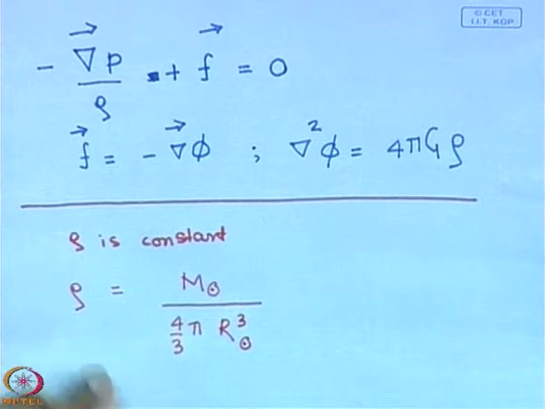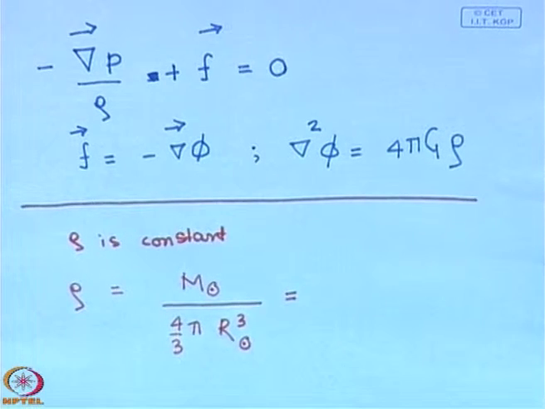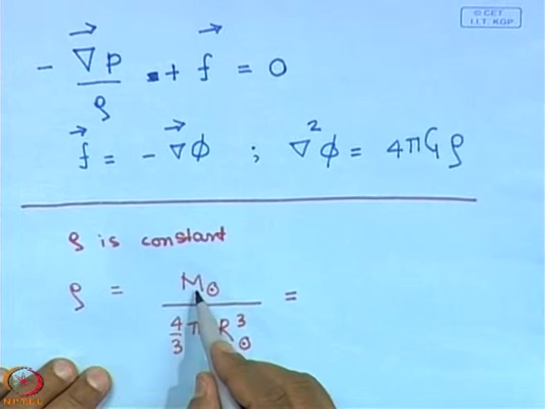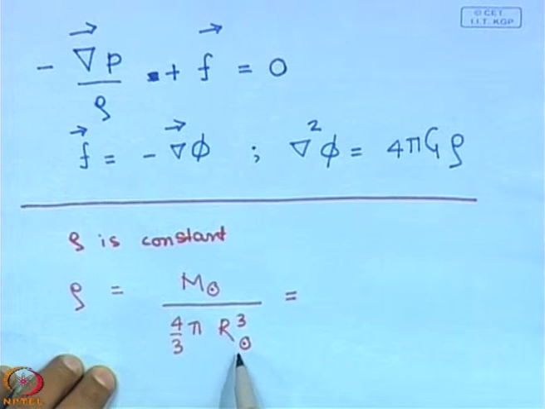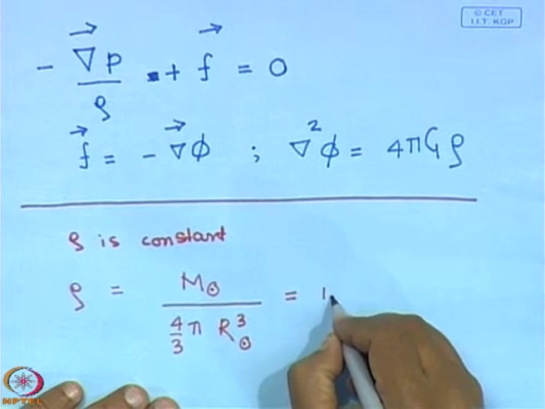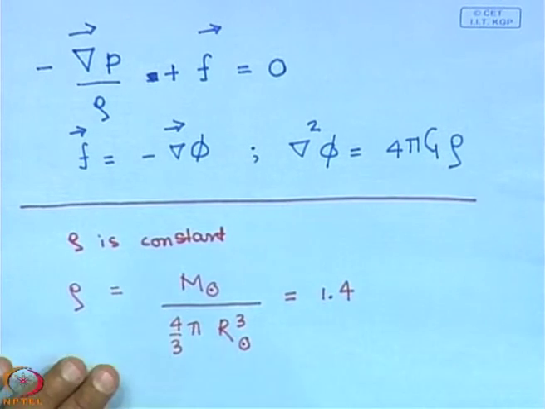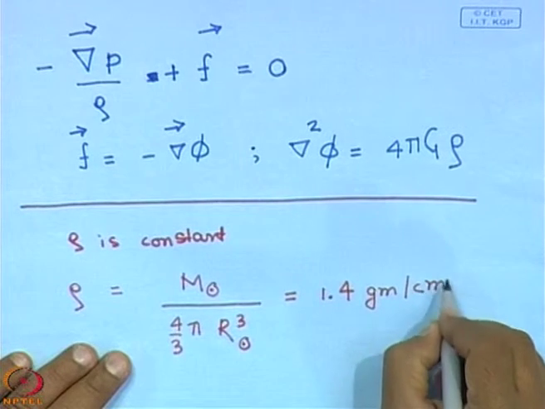So, we will assume that this density holds throughout the entire sun. If you put in the values, this is 2 into 10 to the power 30 kilos, and this is 6.96 into 10 to the power 8 meters. If you put in all of these numbers, the mean density of the sun comes out to be 1.4. Let me express it in grams per cubic centimeter.